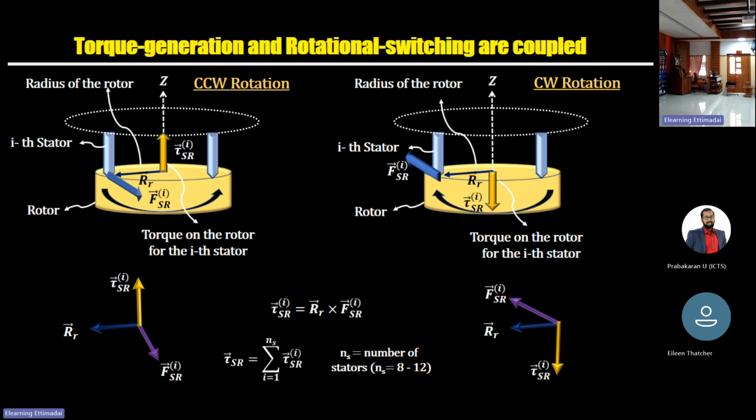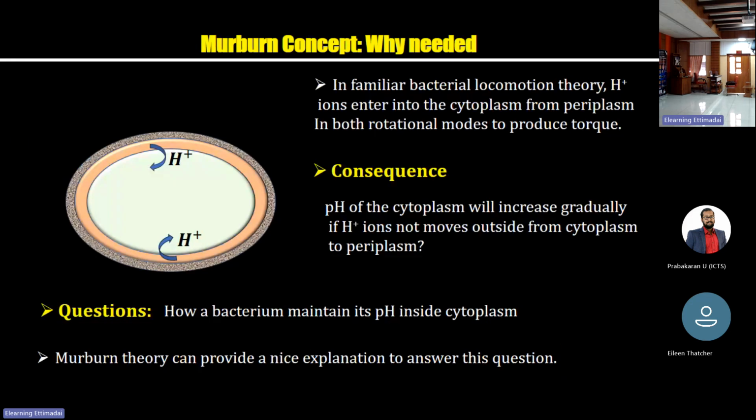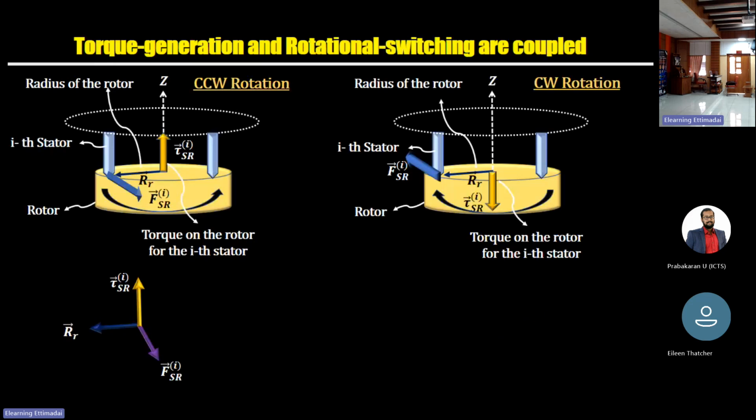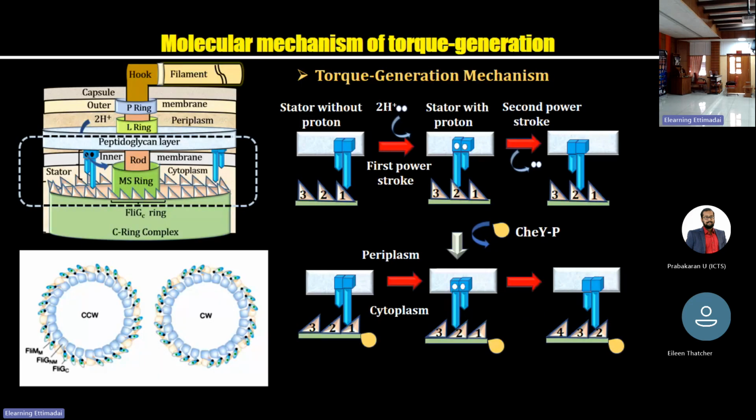Now the question is why Murban. This is a very brief summary of the already existing theory and literature, and I feel that the Murban concept is needed. As I already explained, H+ ion is coming from periplasm to cytoplasm in both rotational modes.